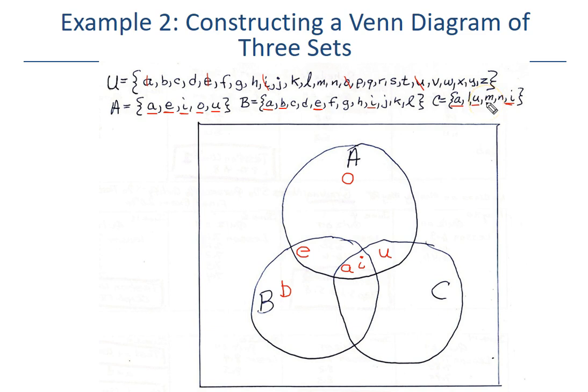M is only in C. N is only in C. So we need to do the M, N, and the L here is only, no, L is in C and in B. So L in C and in B.